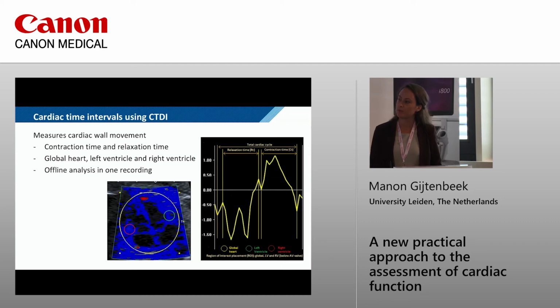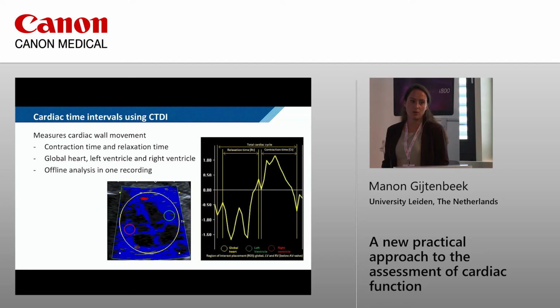Here you see an example of an image where the ROI is placed over the whole myocardium, and this is where we think the other region of interest should be placed, just below the AV valves. And this is an image of the whole myocardium. So if I go over this image, we can place demarcations or calipers on the beginning and ending of the relaxation time, and at the beginning and ending of the contraction time.